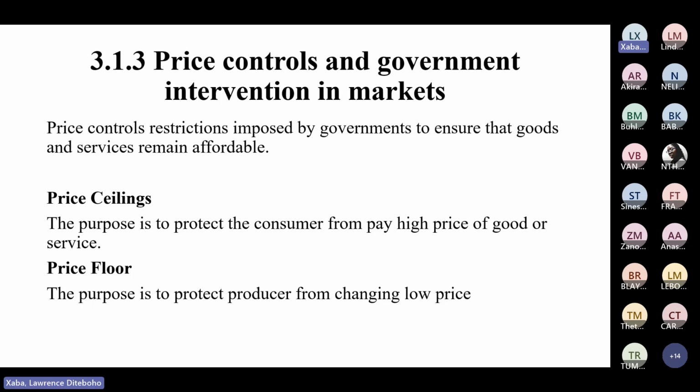So we'll take an example looking at the first one, which is the price ceiling, which is somehow similar to what we've been doing, whereby we'll be given the two equations that represent the side of demand and the side of supply. So it means we'll be given the demand function and also the supply function, so we can calculate the price.